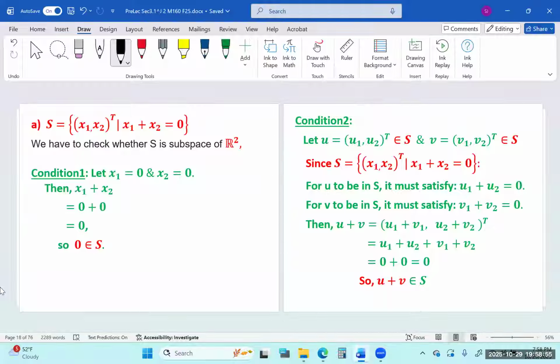For convenience, you can put u1 and u2 next to one another, v1 and v2 next to one another. You're adding the components and the result will give you 0. So u1 plus u2 has to give us 0 because this is from the set, and v1 plus v2 has to give you 0 because this is also from the set. So 0 plus 0 is 0.